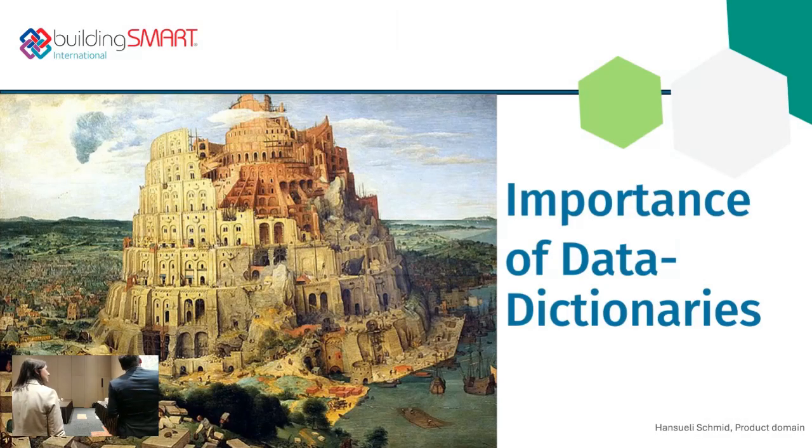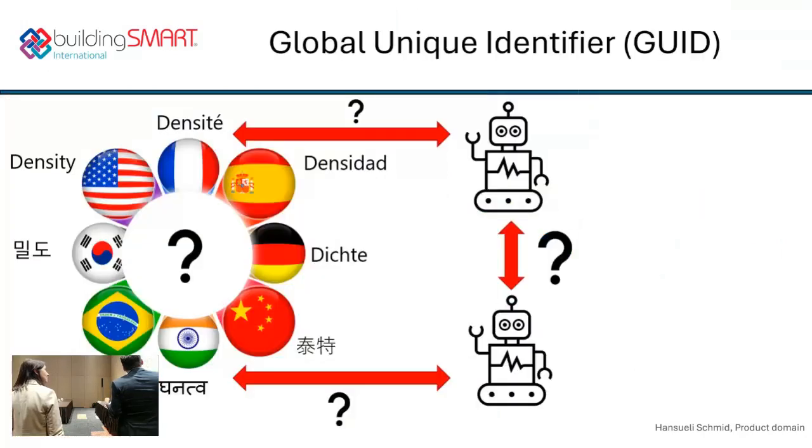So, the importance of data dictionaries. Why do we need data dictionaries, and why can we not just describe it in our own language? This is the topic of interoperability, and we have it here in this picture: we deliver the same property in different languages, and the computer cannot interpret it immediately correctly.